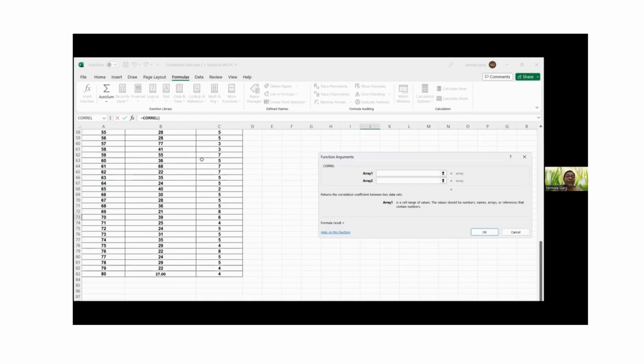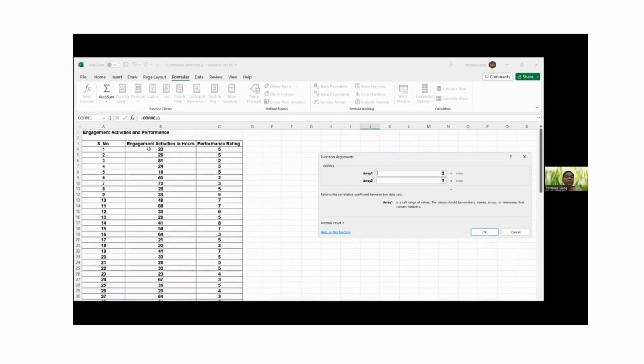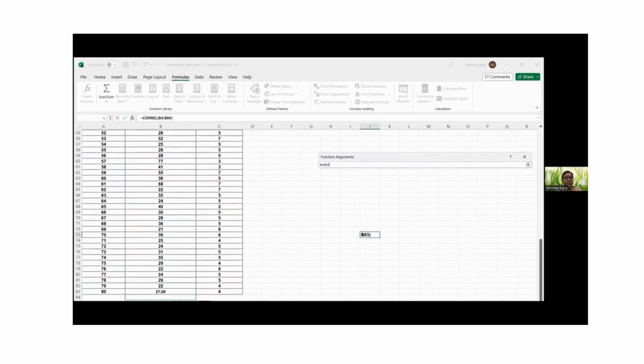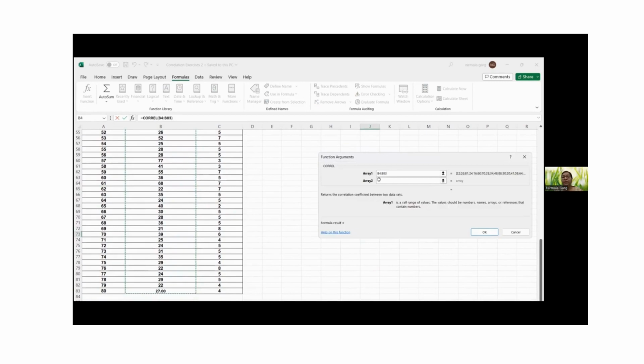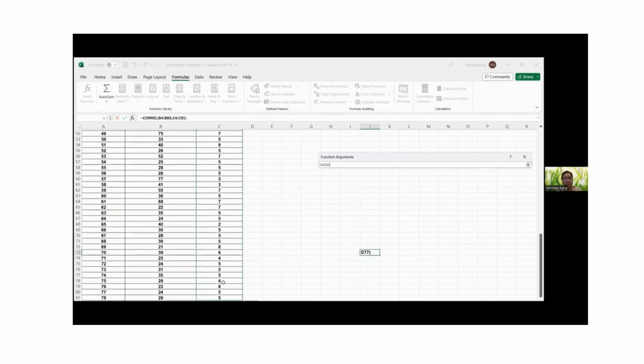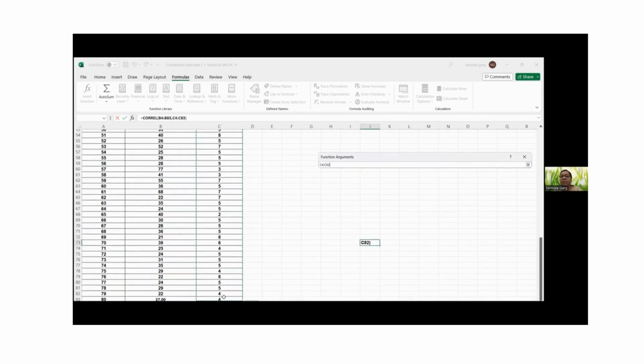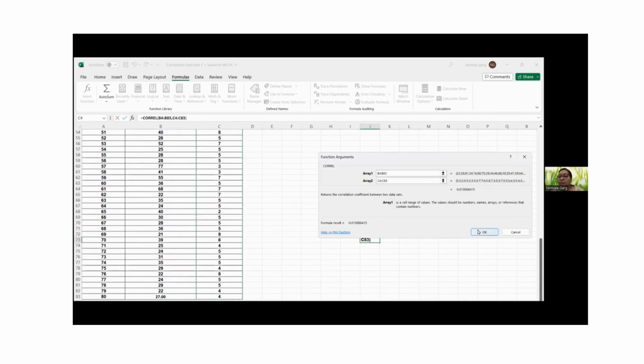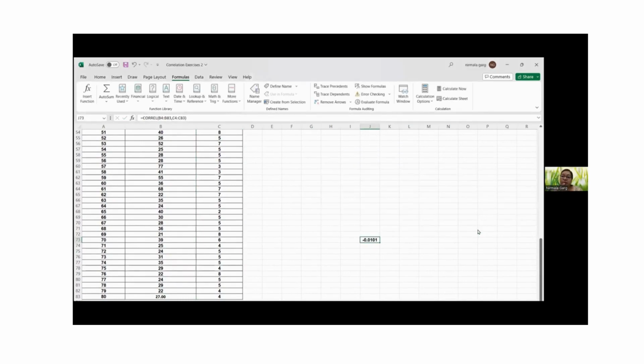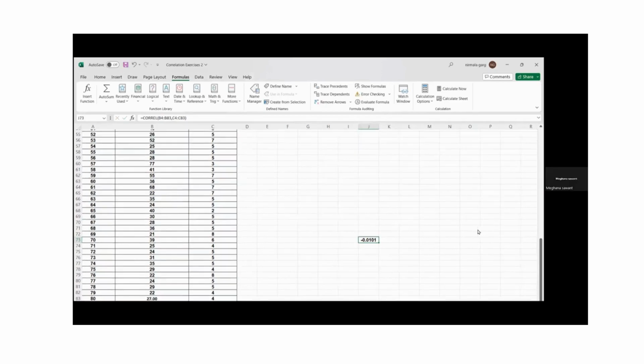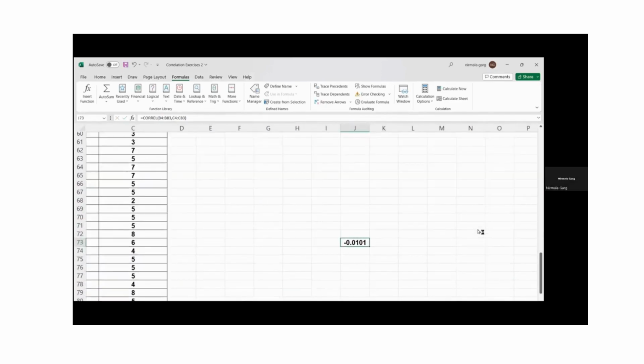Then I will drag my data, and then go to array 2 and drag my data, and say okay. So what is it showing? Minus 0.01.